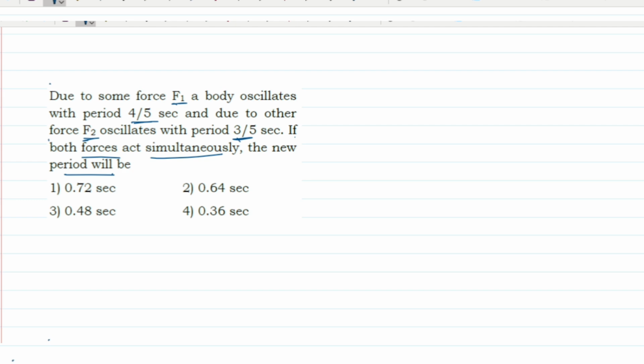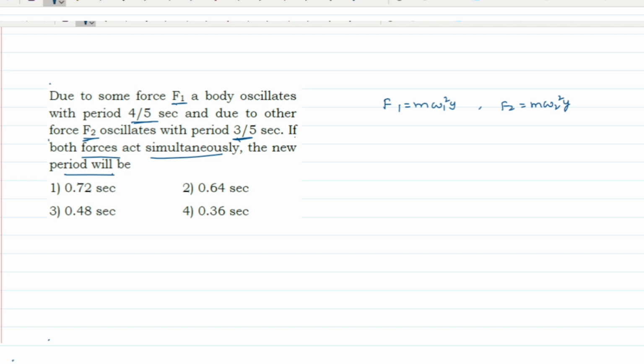Here, the force acting for a given displacement is given by this formula. Let us take F1 equal to m omega 1 square into y. The same way, F2 equals m omega 2 square into y. They are talking in terms of the time period.